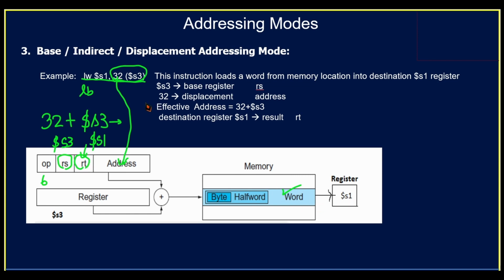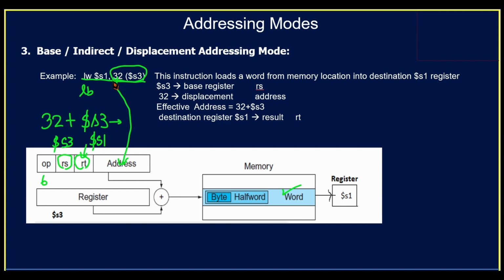$S1 is here. How do you say that this is base addressing or indirect addressing or displacement addressing? Actually, this register $S3 is called the base register. You can even use $S4, $S5, anything you can use. But if you use the register like this, the content of this register will provide the address. So it is called base address or base register.